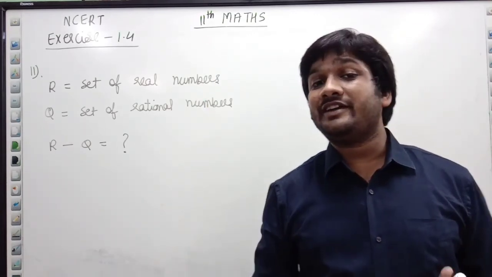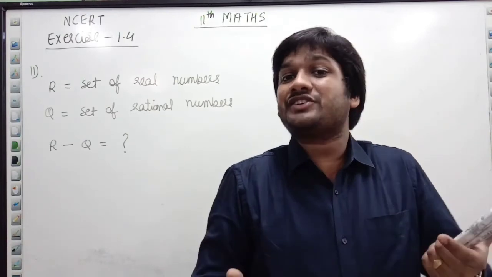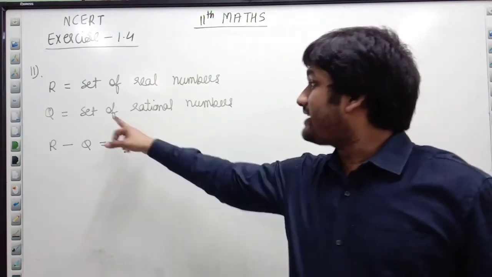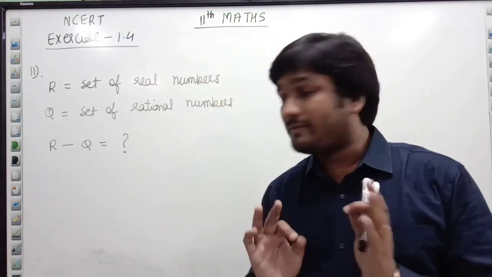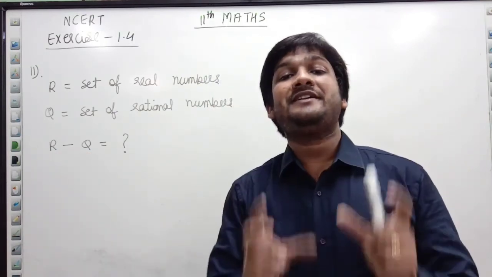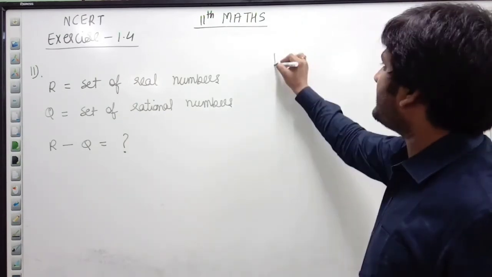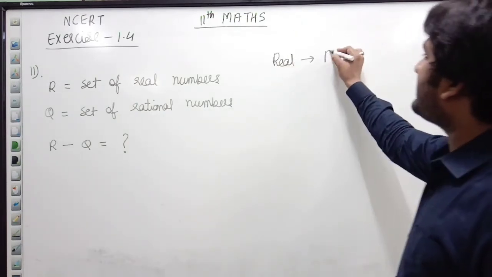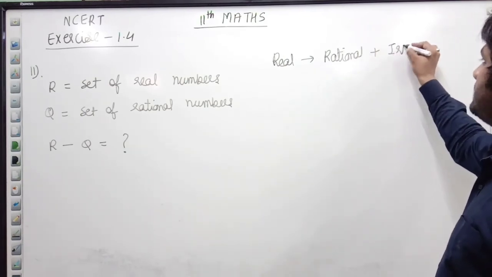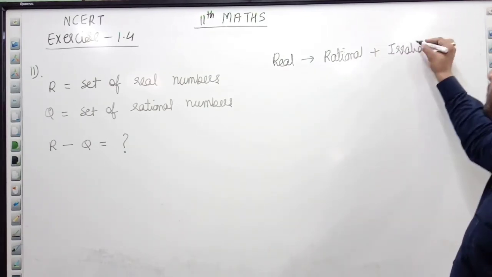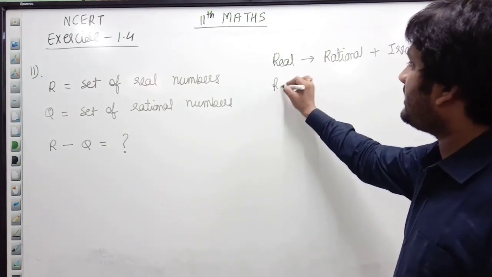Real numbers क्या होते हैं? The combination of rational and irrational is real. S is a set of irrational numbers. So what is R minus Q? देखो बेटा, माइनस का मतलब है कॉमन एलिमेंट्स हटाना है. Now R real number क्या बोलता है? Real number बोलता है rational plus irrational. Now rational क्या बोल रहा है?